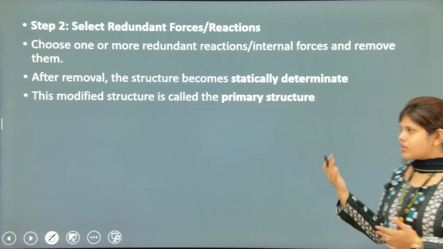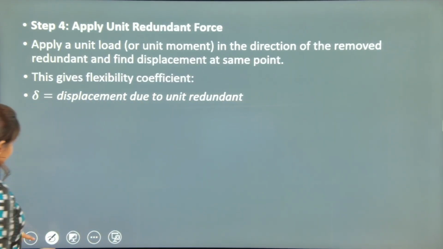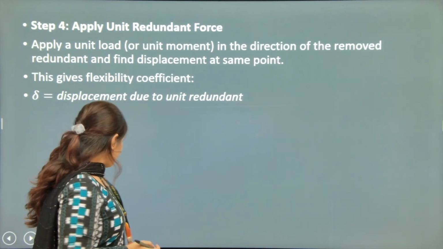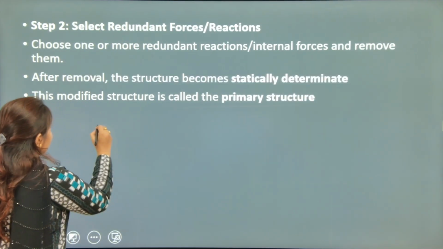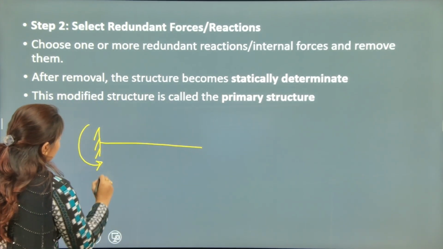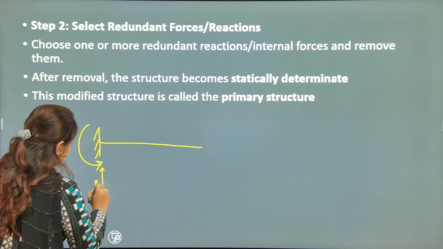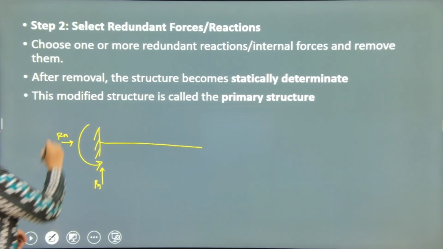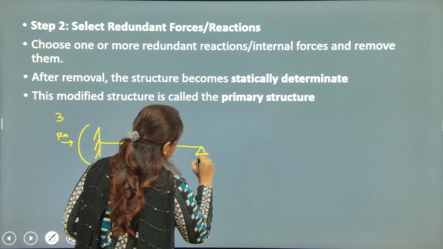When we solve the numerical, let's go for a numerical first. Suppose we have a propped cantilever beam. Here you can see we have one moment, one vertical reaction and a horizontal reaction also. In a propped cantilever, we will have one roller support.